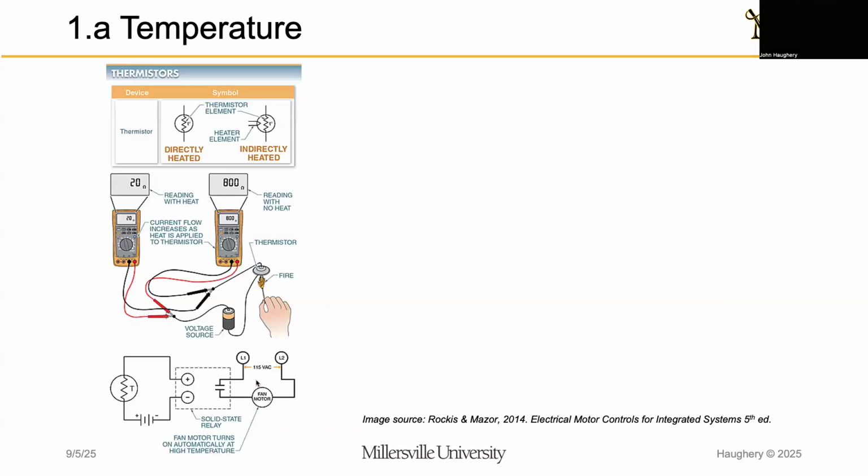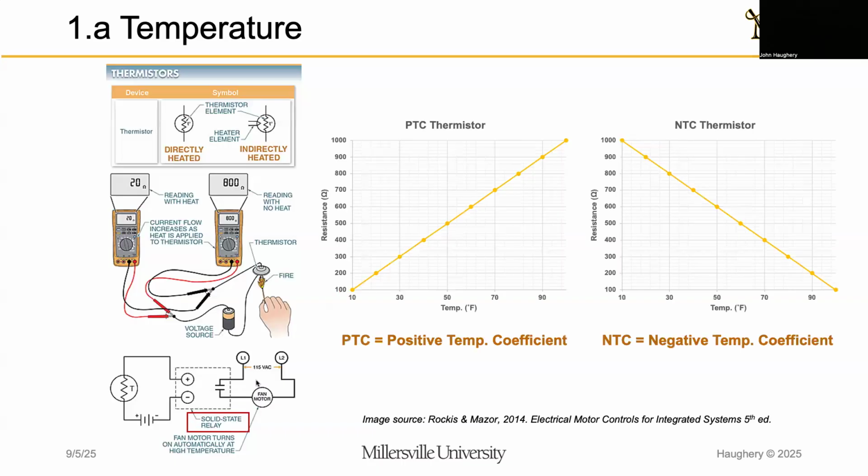And so thermistors typically come in two different types. They have either a positive temperature coefficient or a negative temperature coefficient. With a positive temperature coefficient, an increase in temperature along the x-axis results in an increase in resistance along the y-axis. And that's fairly typical for thermistors. I can have the opposite effect. As I increase temperature, I can decrease resistance.